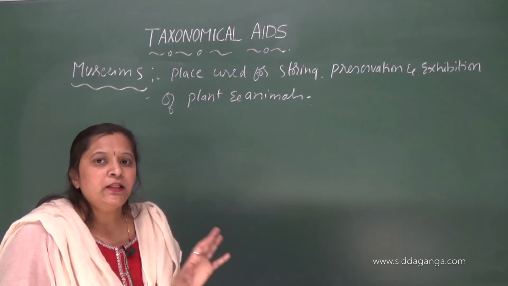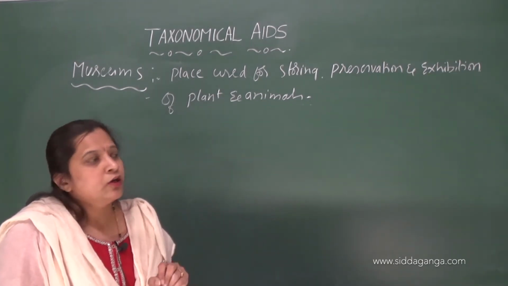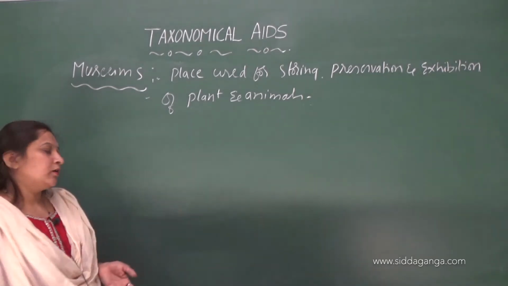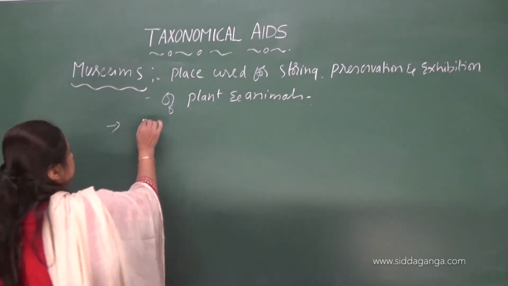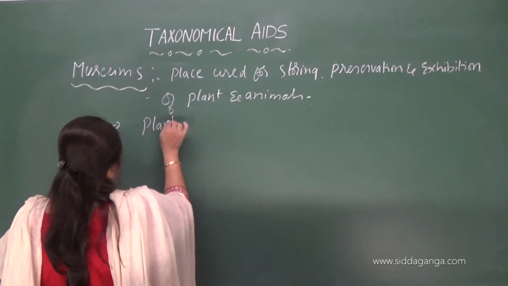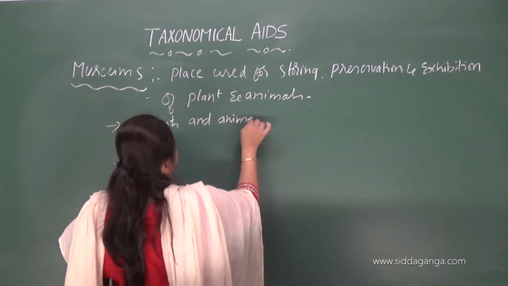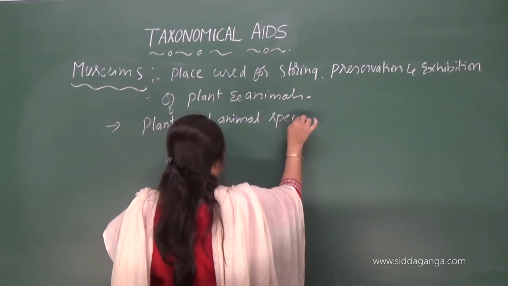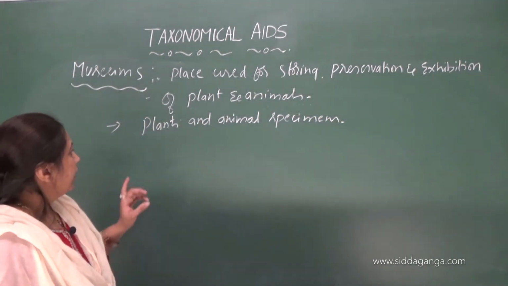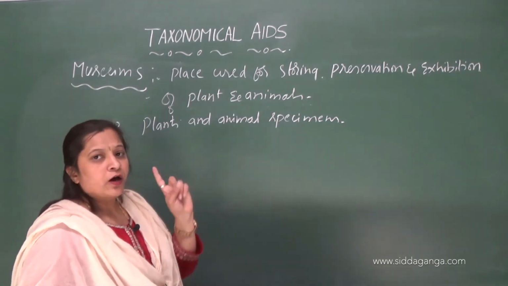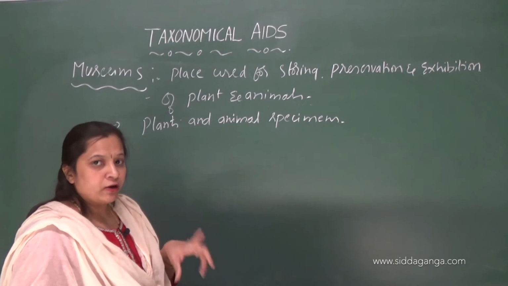Generally these museums are set up in educational institutions for study purposes. Museums have a collection of plant and animal specimens. In a herbarium, plant specimens are kept, in botanical gardens, live plants are grown.